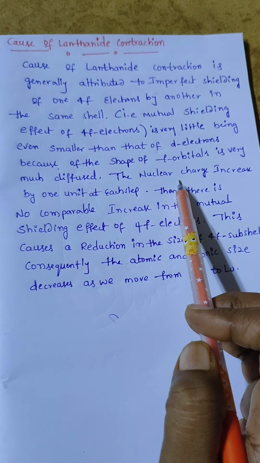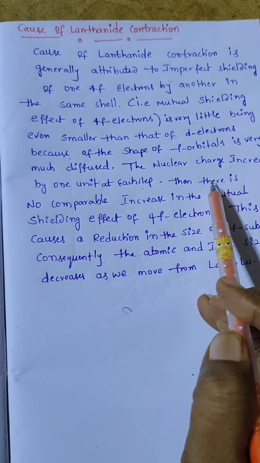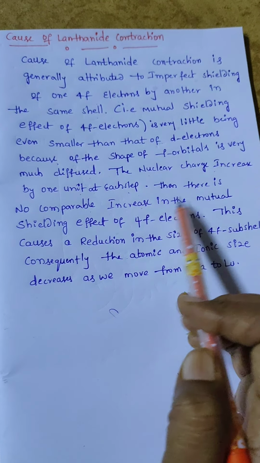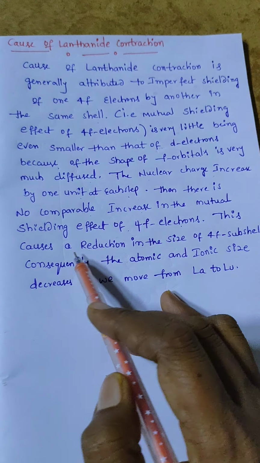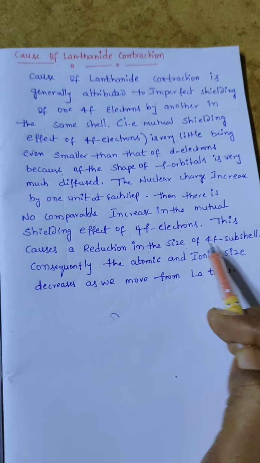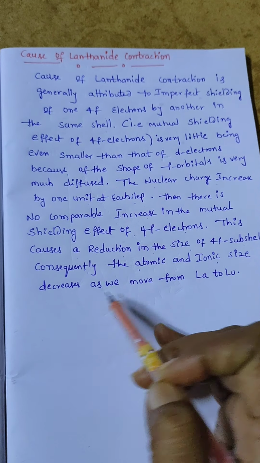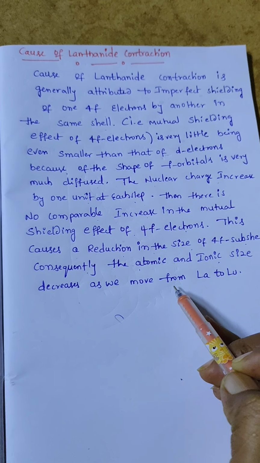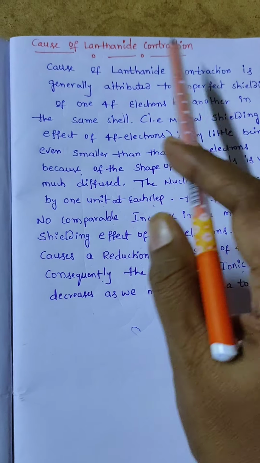The nuclear charge increases by 1 unit at each step, but there is no comparable increase in the mutual shielding effect of 4f electrons. This causes a reduction in the size of the 4f subshell. Consequently, the atomic and ionic size decreases as we move from lanthanum to lutetium. This is the cause of lanthanide contraction.